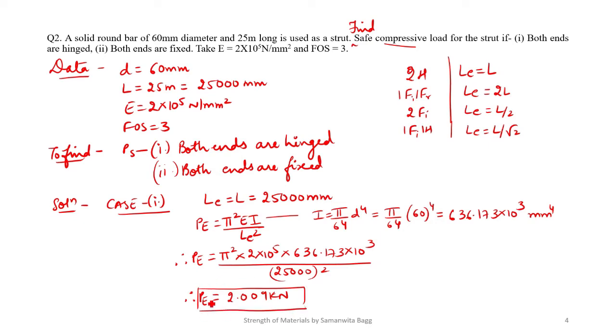Now, when I know the value of PE, I can calculate the safe load with a very simple formula. If you remember, factor of safety is always based on the ultimate value. That means here my ultimate value is my PE. This is my critical or the maximum value. And safe value is the working value.